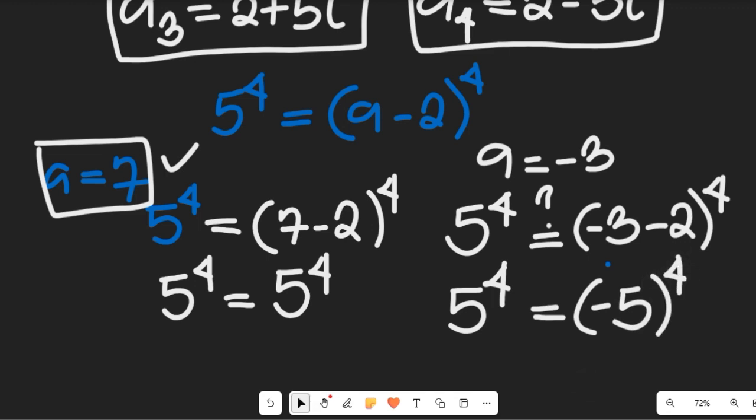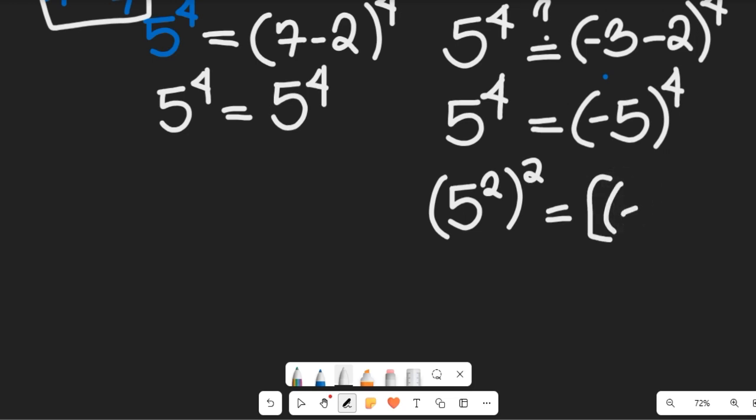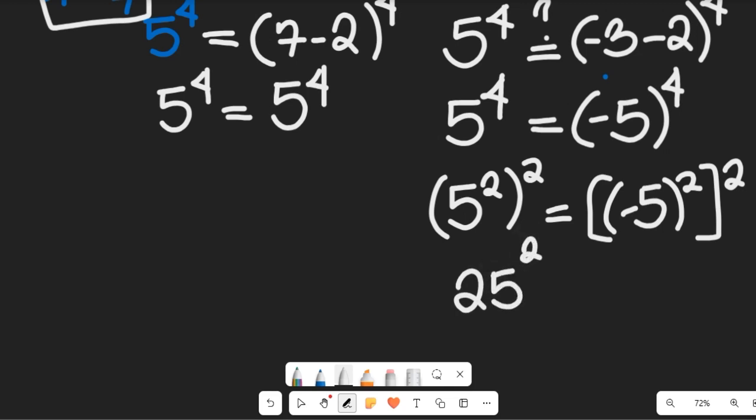It looks as if it's not the same, but let's simplify further. We'll have this to be 5 to the power of 2. If we simplify this, separating it according to the law of indices, we'll have 5 to the power of 2, and all of these will be to the power of 2. 5 to the power of 2 will simply give us 25 squared, and this will be equal to negative 5 squared, which is going to give us 25, all squared.